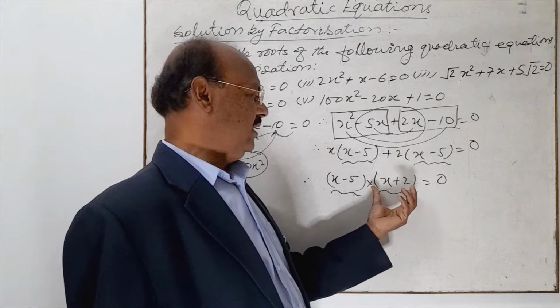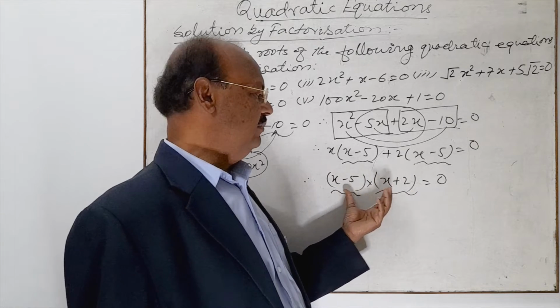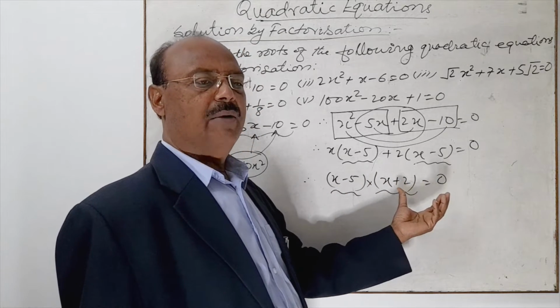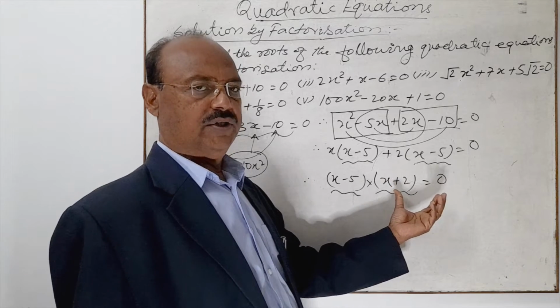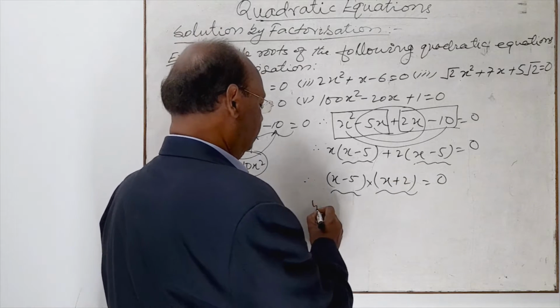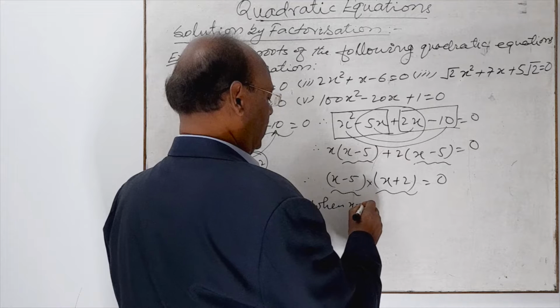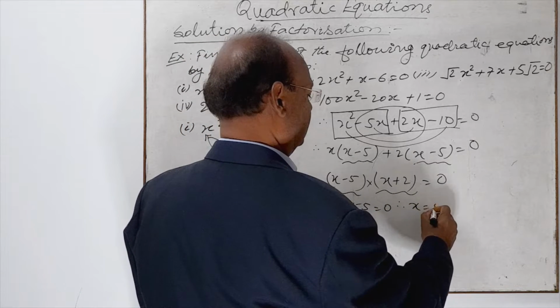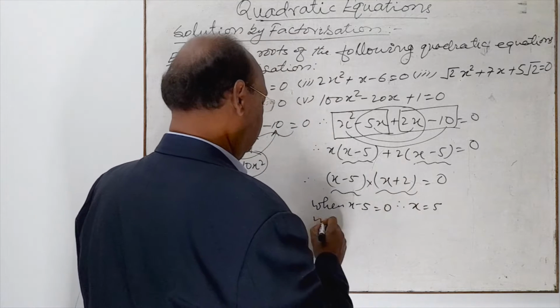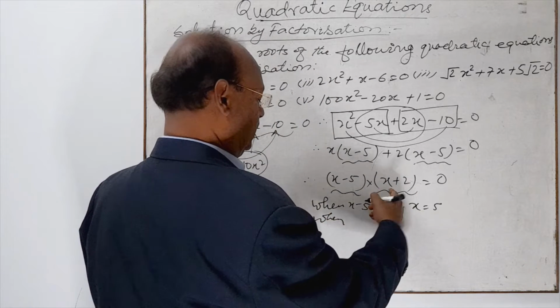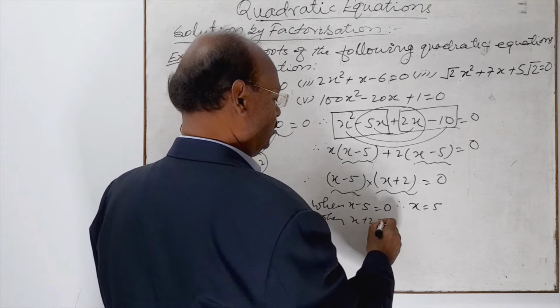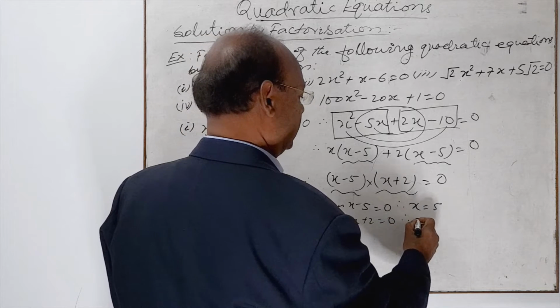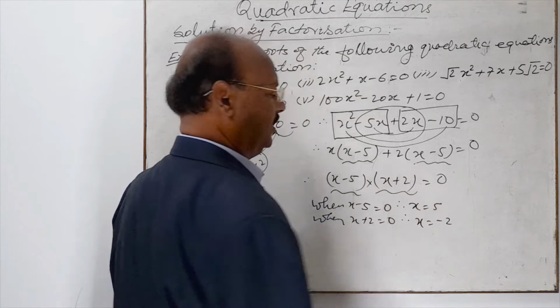So in both the cases, we will get two different values of x that we have to find out. When x minus 5 is equal to 0, you get x is equal to 5. And when x plus 2 is equal to 0, we get x is equal to minus 2.